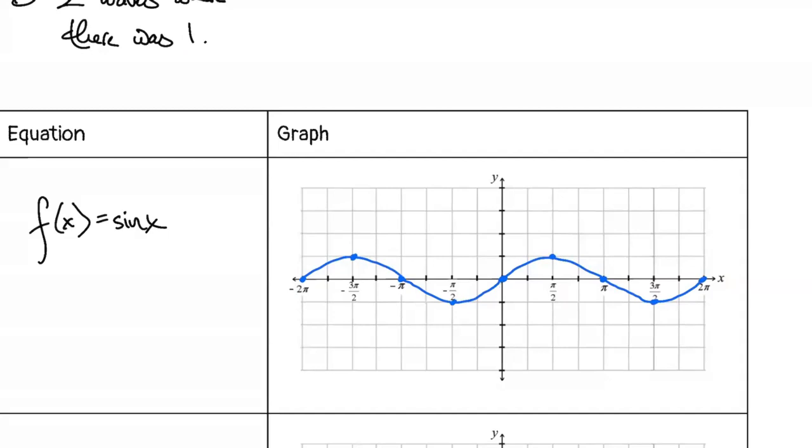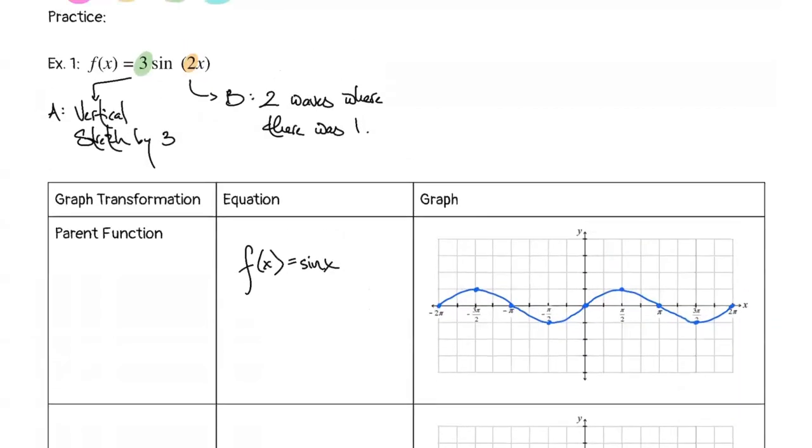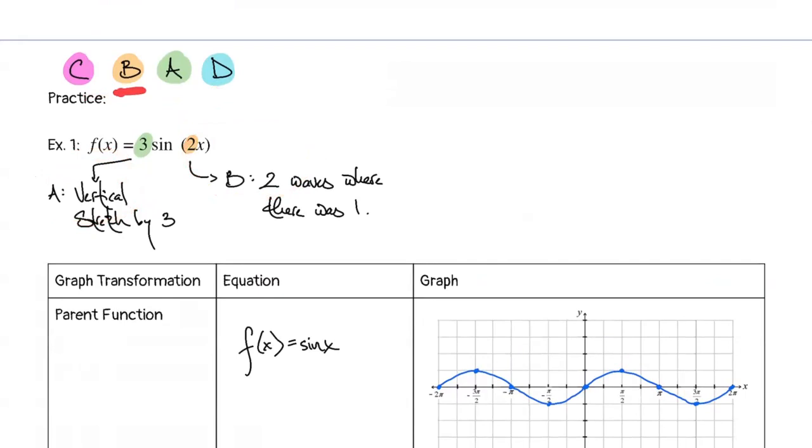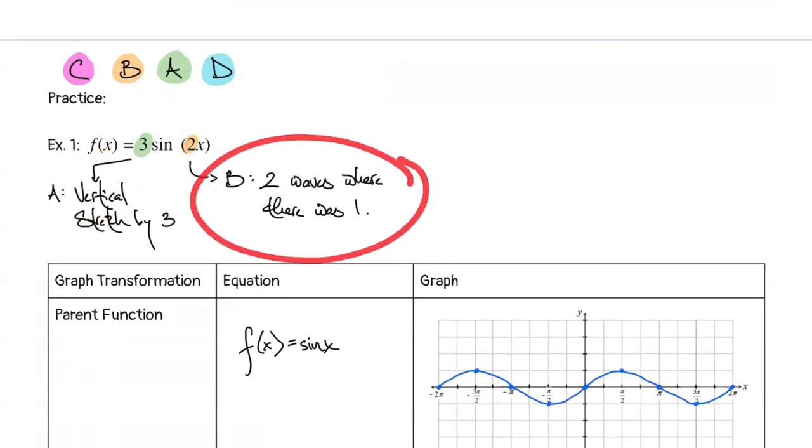All right, so we have a B and we have an A, and we know from our little acronym that we are going to start with the letter B. Okay, so the first transformation we're going to apply is 2 waves where there was 1.